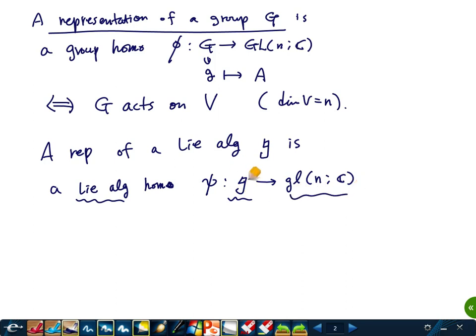We have a Lie bracket here, we have a Lie bracket here, the bracket must be preserved. Again, you can think of this as a G action on V. So this is a very vague explanation for these three terminologies: Lie groups, Lie algebras, representations.